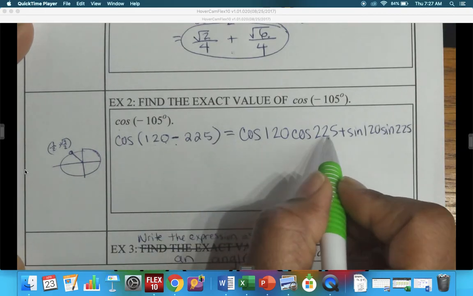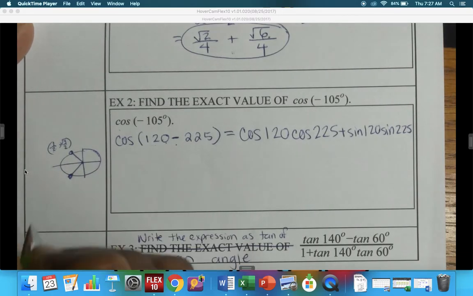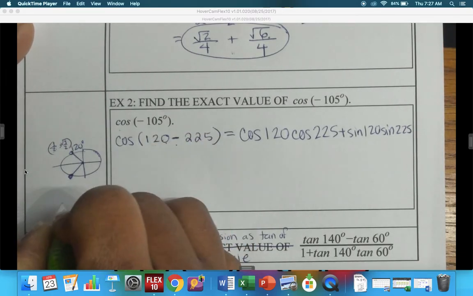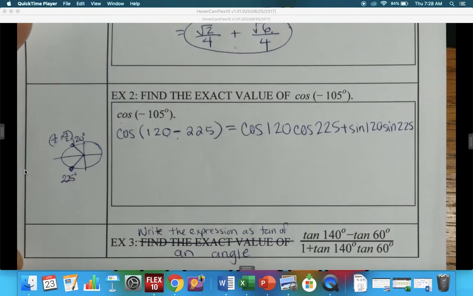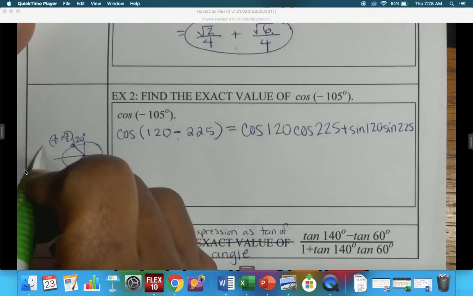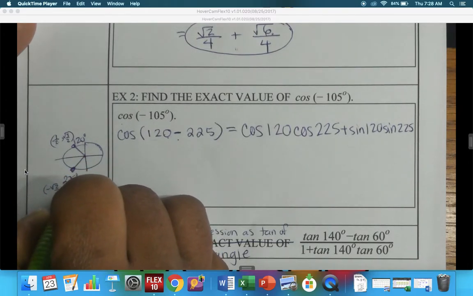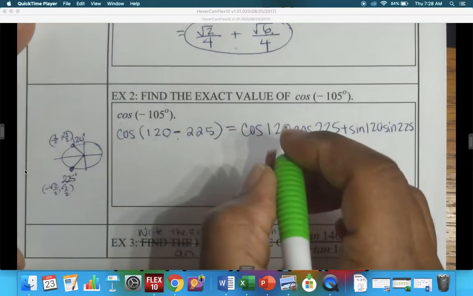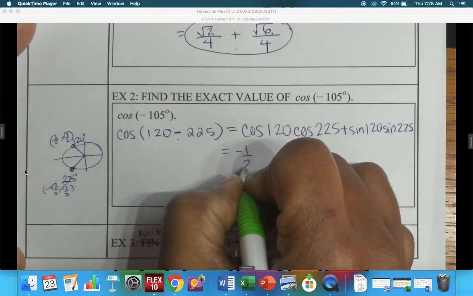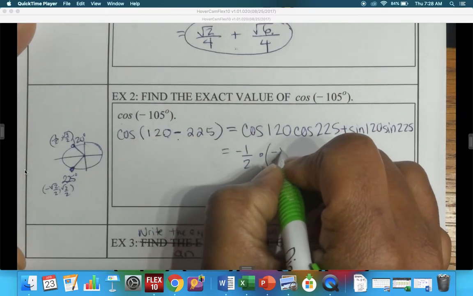And then 225 is here, in the middle of quadrant 3, and that would be negative √2/2, comma, negative √2/2. So both sine and cosine are negative down here. So cosine of 120 is negative 1/2, and cosine of 225 is negative √2/2.